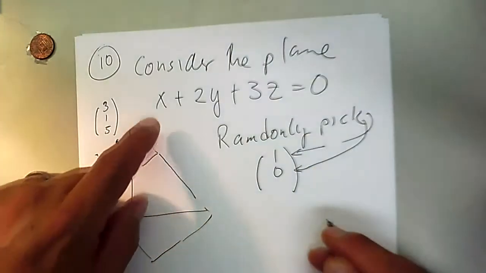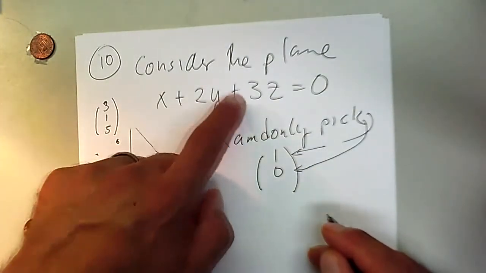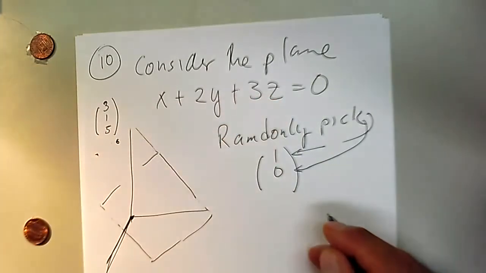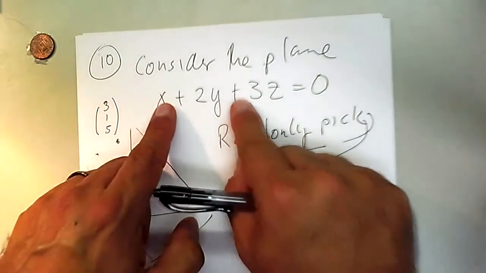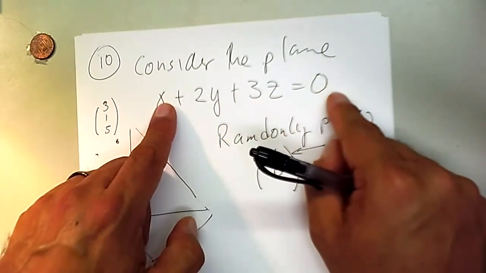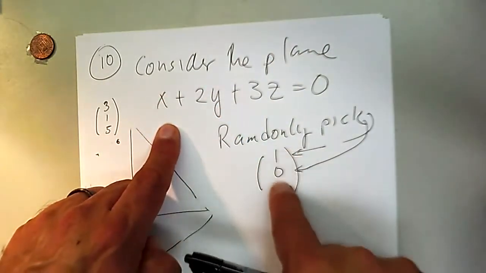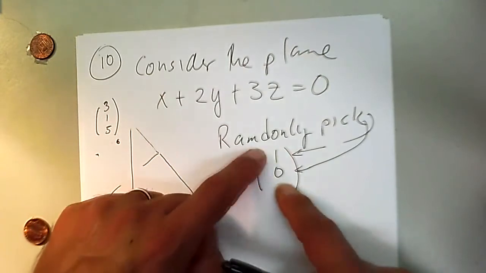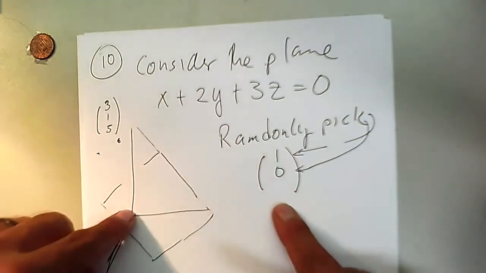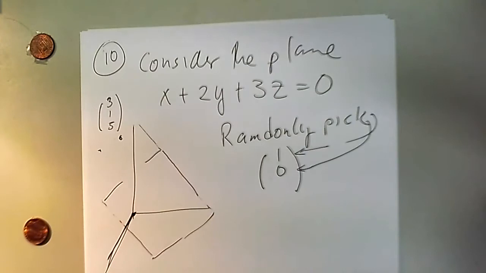And then if this is 1 and this is 0, that will force z to be something. What would it be? So 1 plus 3z is equal to 0. Move the 1 over. We're picking two easy numbers, 1 and 0. Don't pick 0, 0, because then you're just going to get the origin, and we want non-zero vectors.